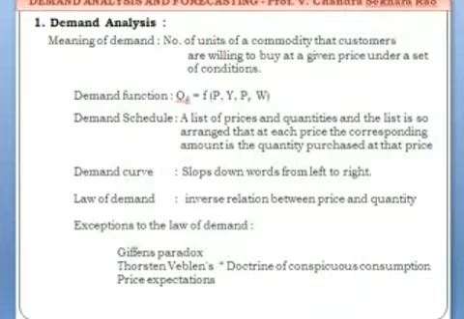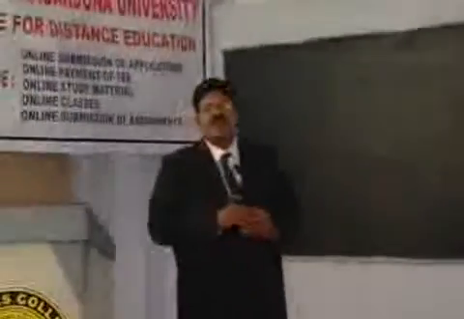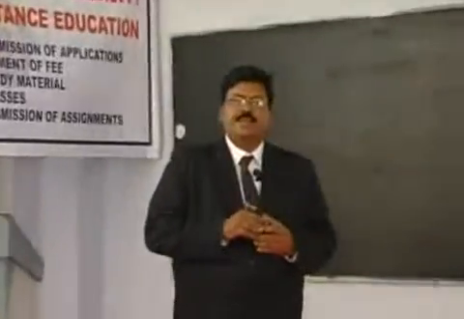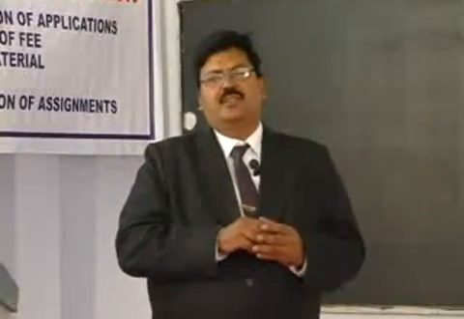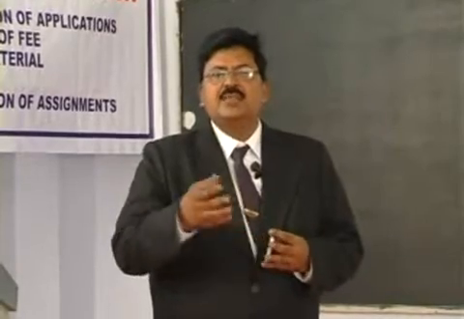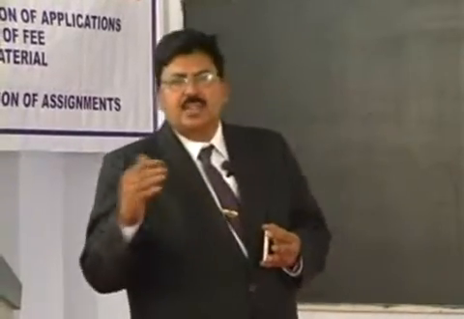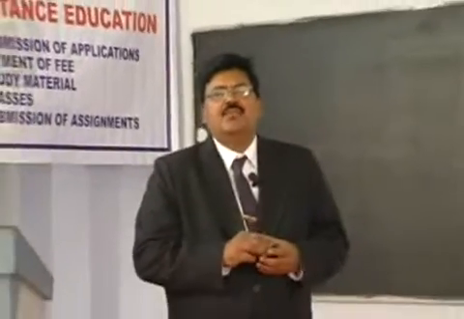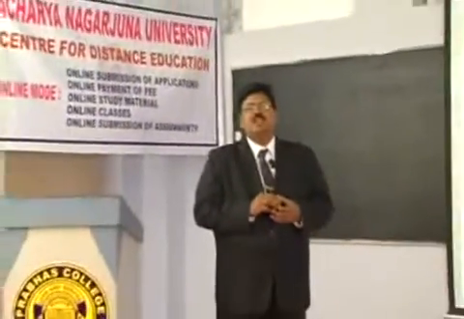The main salient points which we have to cover are: what are the determinants of demand, or factors that influence the demand for a commodity. Generally, there are four determinants of demand for any commodity: own price, incomes of people, prices of substitutes or complements, called the price of related commodities, and wants or tastes or desires of the consumer.